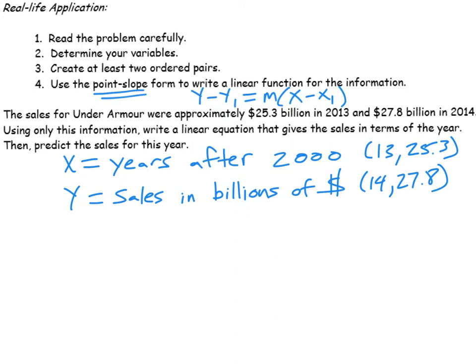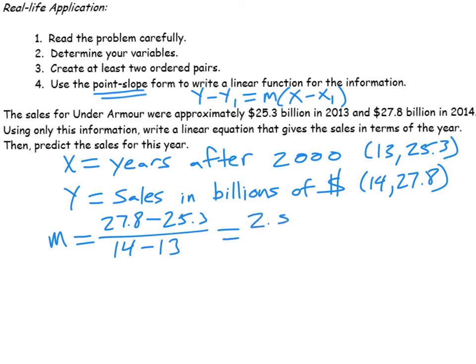Okay? Next thing, once I have my variables defined, slope. 27.8 minus 25.3 over 14 minus 13. 2.5 over 1, or just 2.5, okay? That's a big step right there because I had the 2 points, but that's not quite enough to use point-slope form, right?